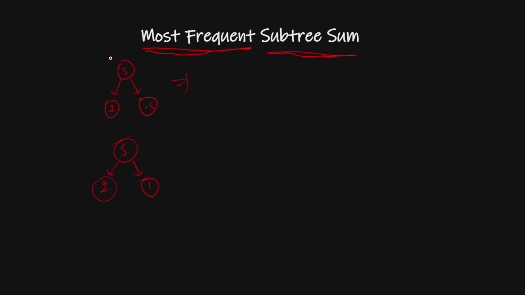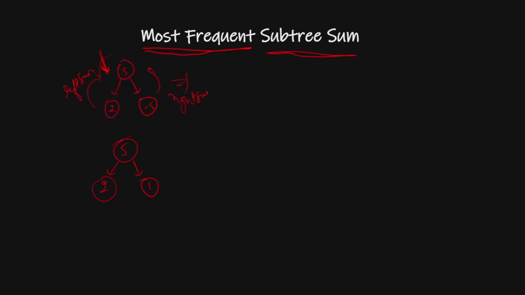So here, what should I do? If I am here, how can I find its subtree sum? I can simply say, whatever is returned from here. Let's say from here I get my left sum, and from here I get my right sum.